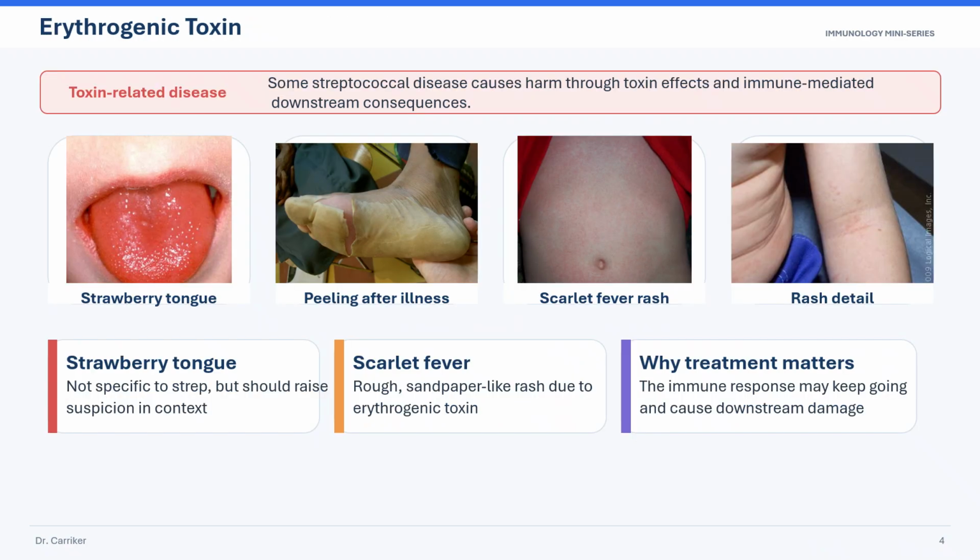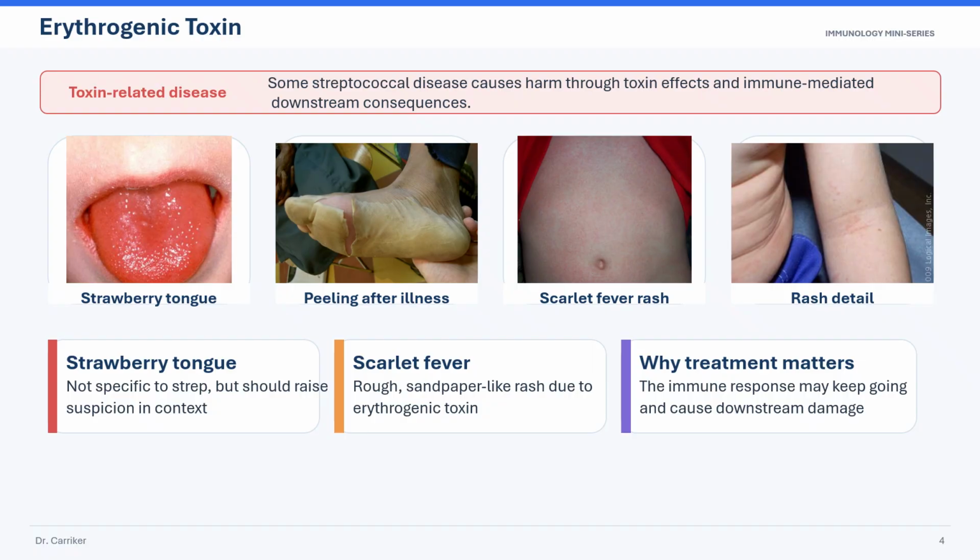In this picture, erythrogenic toxin, we see a consequence of streptococcal toxin-related disease. Strawberry tongue jumps right out at you. It's not specific to strep, but it should make you think about it. Scarlet fever gives that rough sandpapery rash because of the erythrogenic toxin.